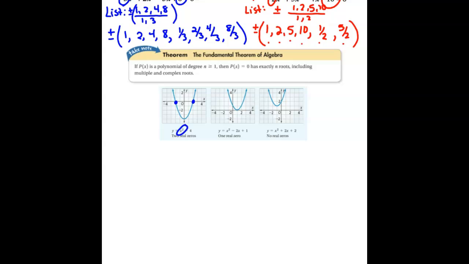There are 2 real zeros. I can see them. They are real. In our second picture, it's still an x squared graph, but this time it only has 1 real 0. But because of that shape, it's touching and bouncing off the x-axis there, we know that that has a multiplicity of 2.